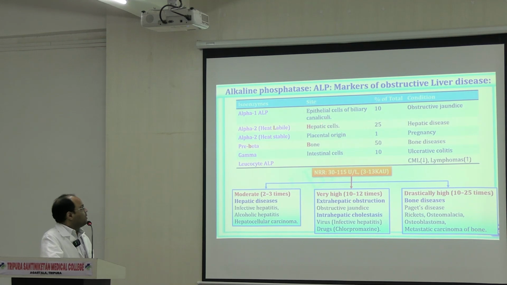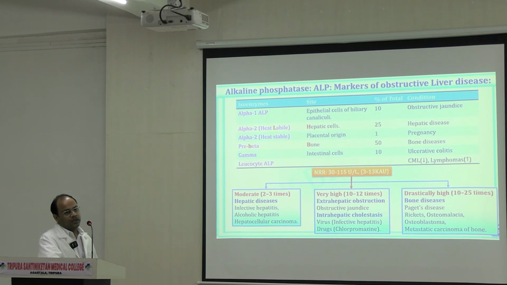It is approximately 10%. It is increased in obstructive jaundice because bilirubin is a toxic thing. It irritates the cells of the biliary canaliculi and the cells secrete a greater amount of alkaline phosphatase.